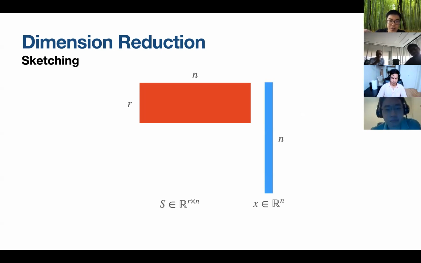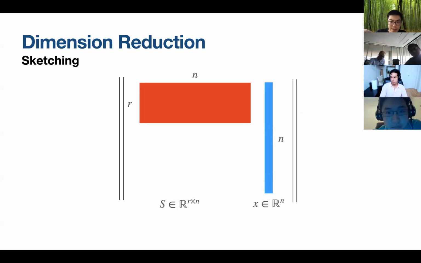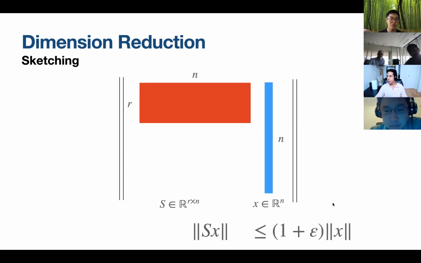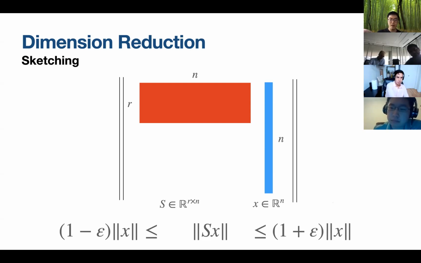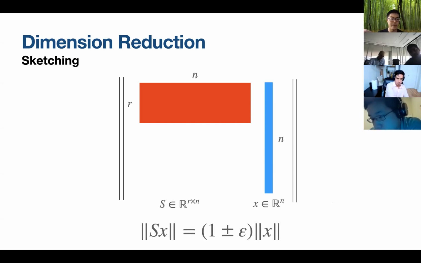The notion of approximates here is that if I look at the norm of Sx, then I want this to be at most 1 plus epsilon times the norm of x, where epsilon is a small number, say 0.1. And I also want this to be at least 1 minus epsilon times the norm of x. So I'll often write this as the norm of Sx equal to 1 plus or minus epsilon times the norm of x.